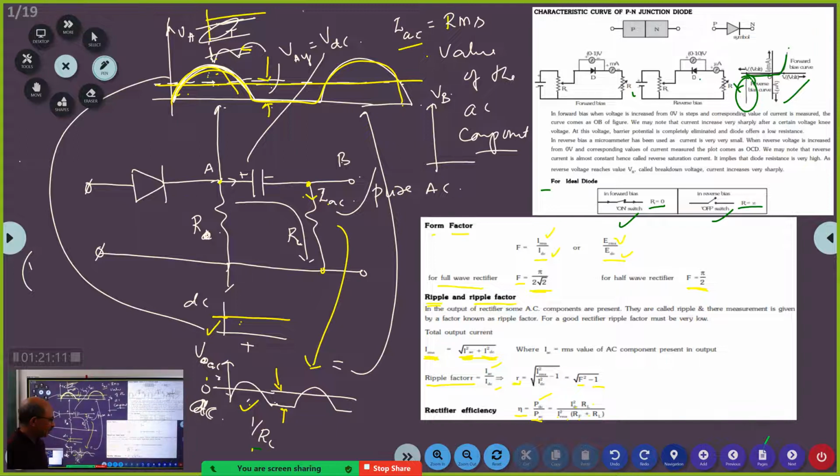The question is why only the DC output power is considered. Because what is the efficiency of a machine? Useful output power, isn't it? See, if you put petrol in a car, that is the input power, right? Why do you put the petrol in the car? So that your car is able to move.